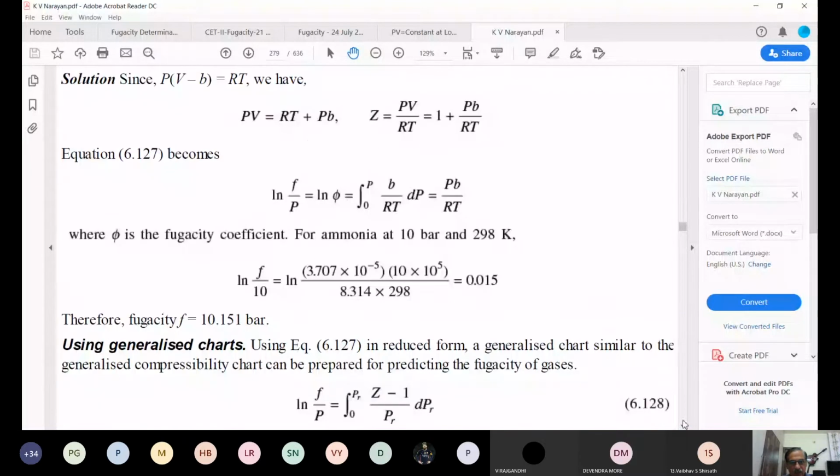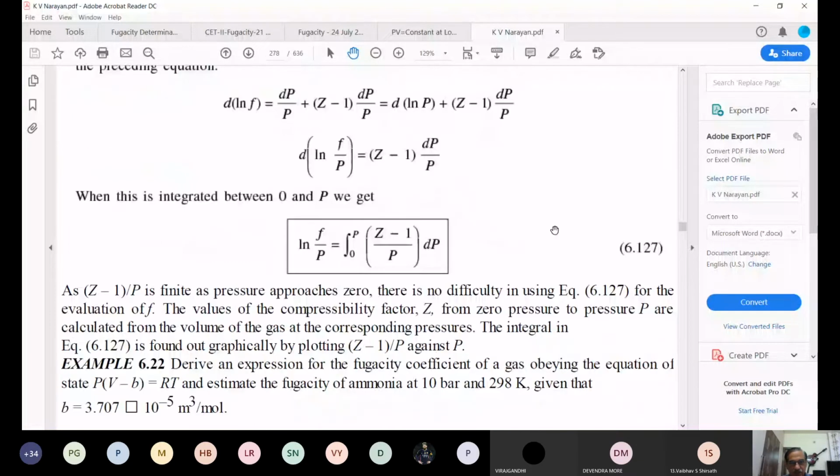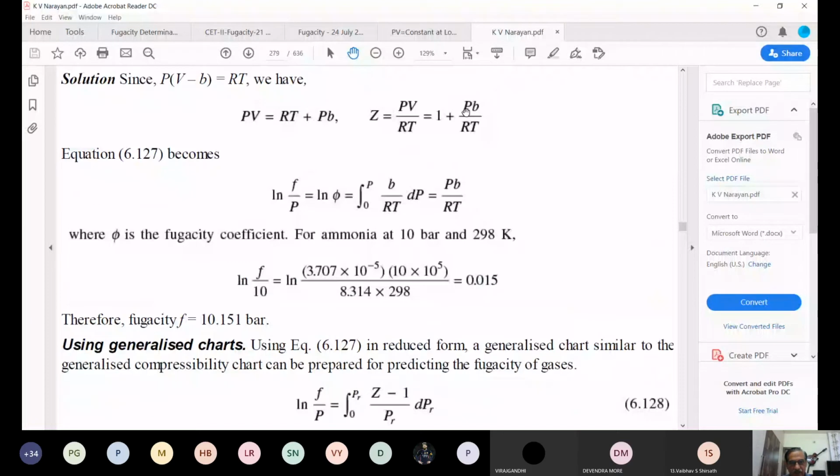Taking Z minus 1, we get PB by RT, and dP by P was there, so Z minus 1 divided by P gives B by RT into dP. Integrating this from 0 to P, we get PB by RT.